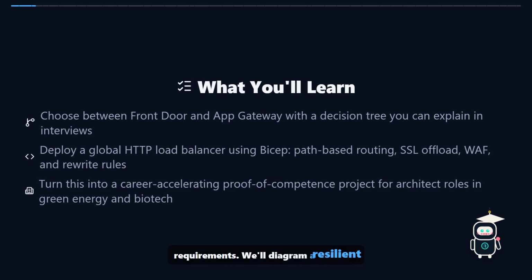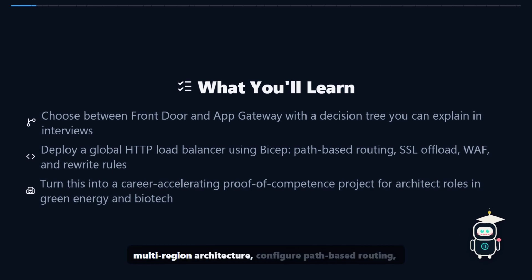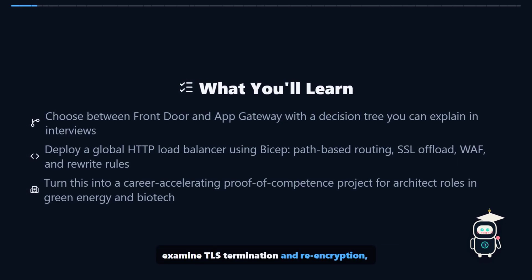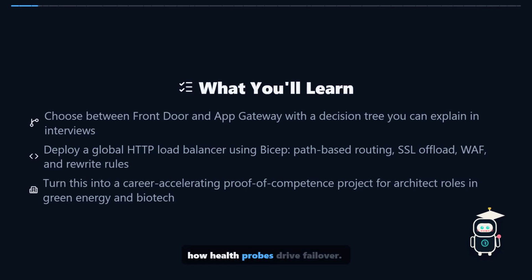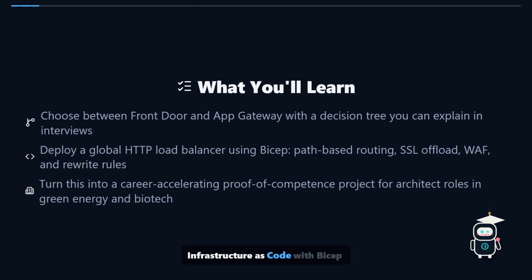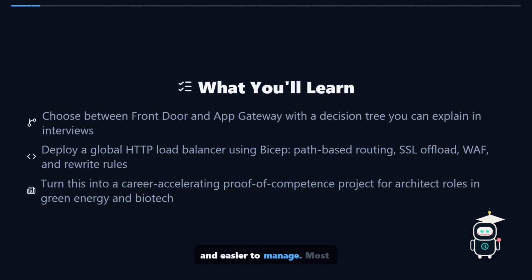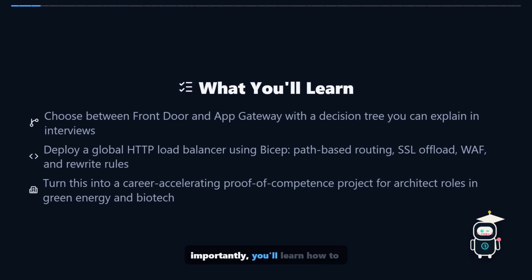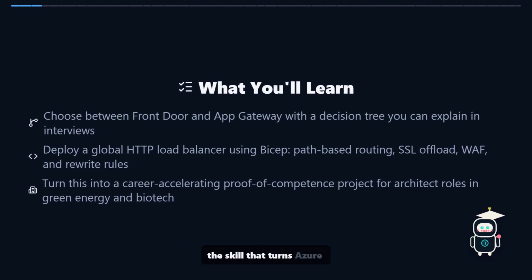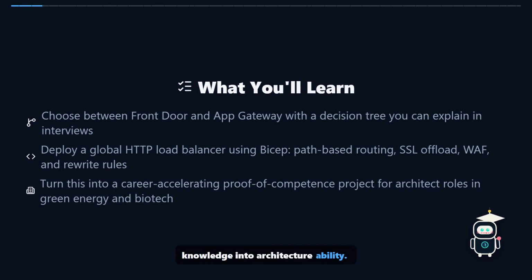We'll diagram a resilient multi-region architecture, configure path-based routing, examine TLS termination and re-encryption, explore WAF integration, and see how health probes drive failover. We'll also look at how infrastructure as code with Bicep can make this architecture repeatable and easier to manage. Most importantly, you'll learn how to explain the design decisions and trade-offs behind the architecture. That's the skill that turns Azure knowledge into architecture ability.